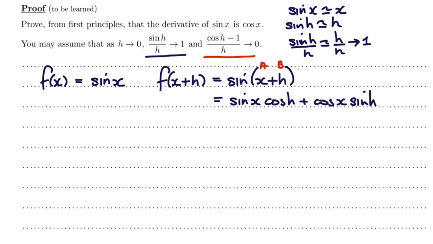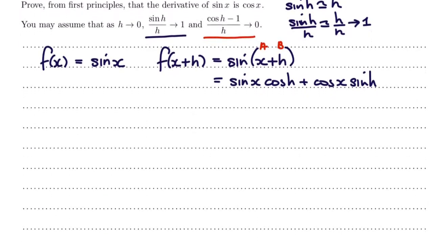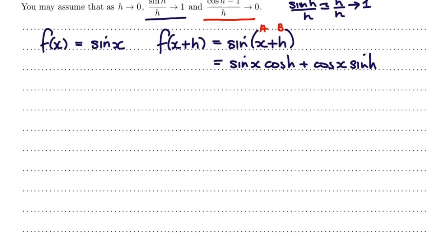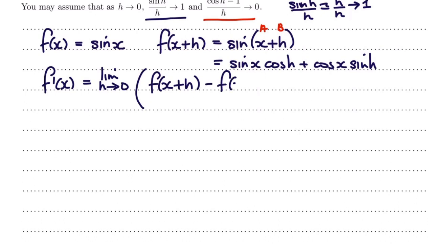Right, so I've got all the things that I need from the formula. So I'm going to write the formula down. The formula from the formula book says f dash of x equals the limit as h tends to 0 of f of x plus h minus f of x, over h.